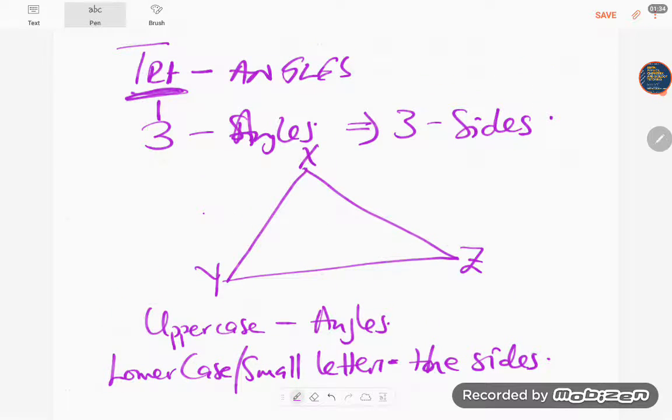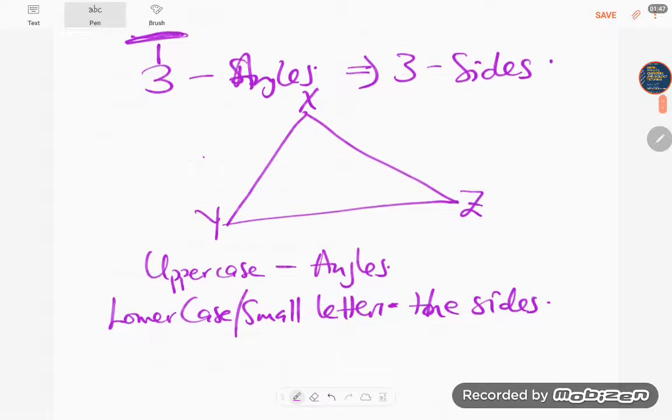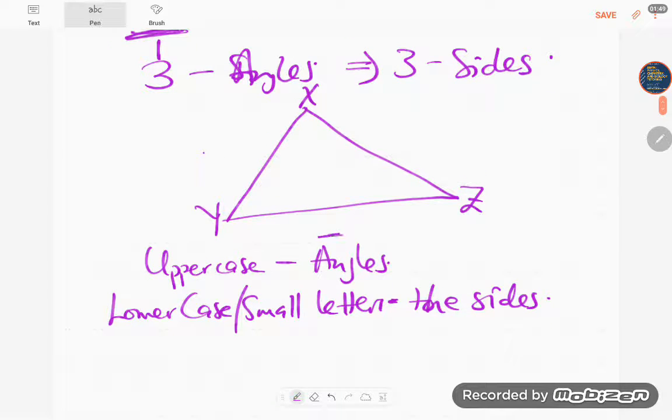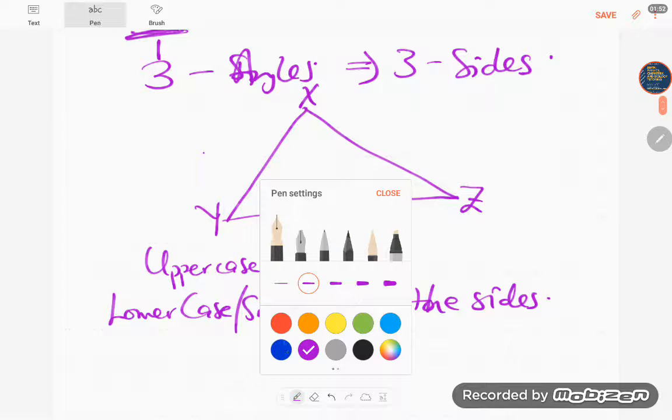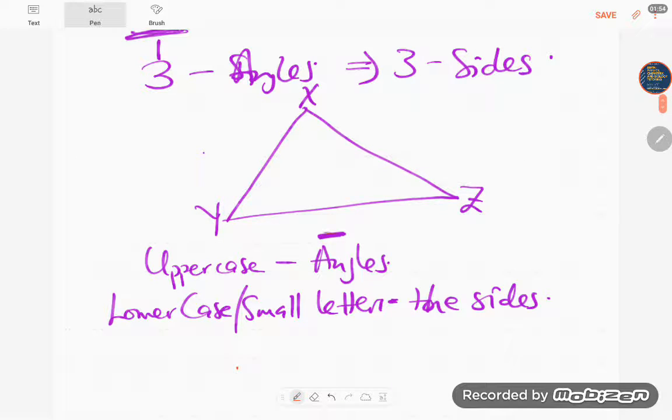Now notice how we come up with the sides concerning triangles. We look at the side opposite a particular angle. What comes first is the angle, and then the side that's opposite the angle gets the letter that the angle is using. This side here is opposite the angle x, so it becomes small letter x. This side here is opposite the angle y, so that becomes small letter y.